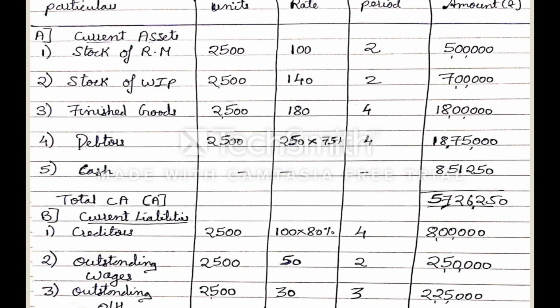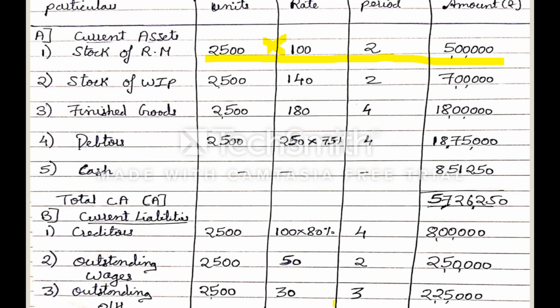Now I need to multiply all these three amounts. How will I get the raw material cost? I need to multiply units per week, rate, and time period, and I'll get the answer for amount. It's just a multiplication of all these three. Do remember, I need to multiply.